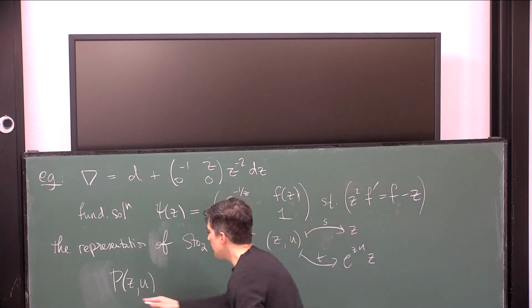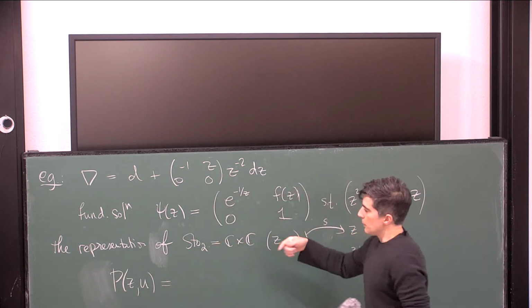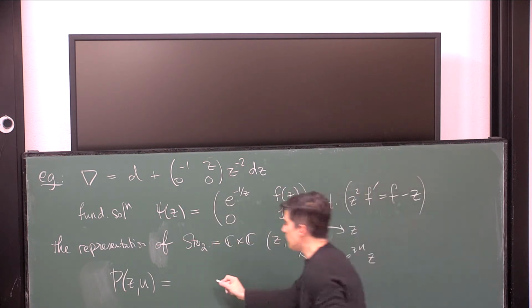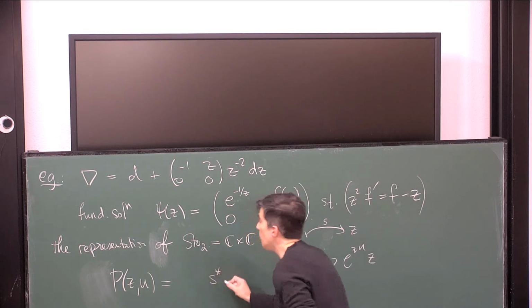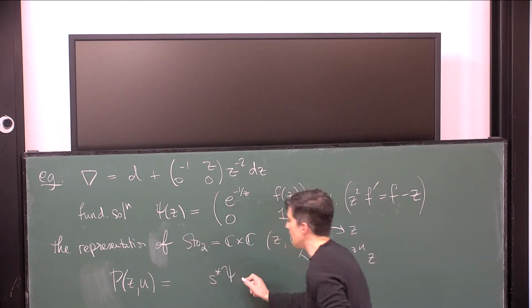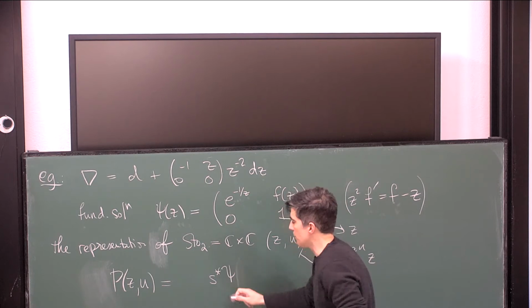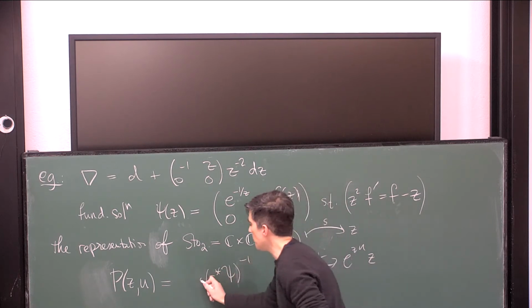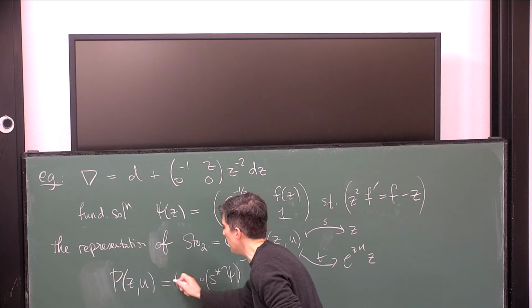So this p of zu, what is it? Well, we did this calculation before. You need to pull back the fundamental solution matrix by the source and invert it, and then you need to compose it with the pullback by t.